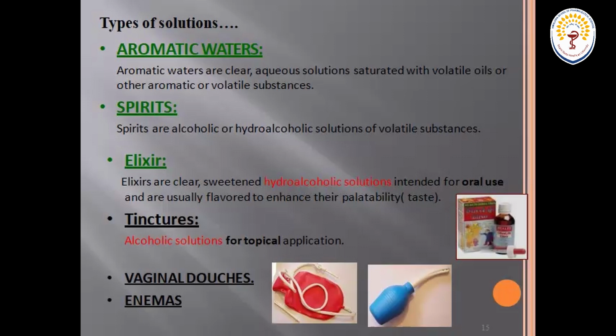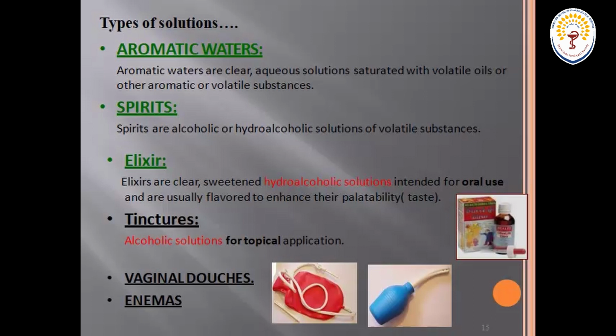They are an alcoholic or hydroalcoholic solution of chemicals or soluble constituents of crude drugs. The tinctures contain 20 to 90% of alcohol and spirit containing volatile substances only. They are prepared by simple dilution, maceration and percolation.